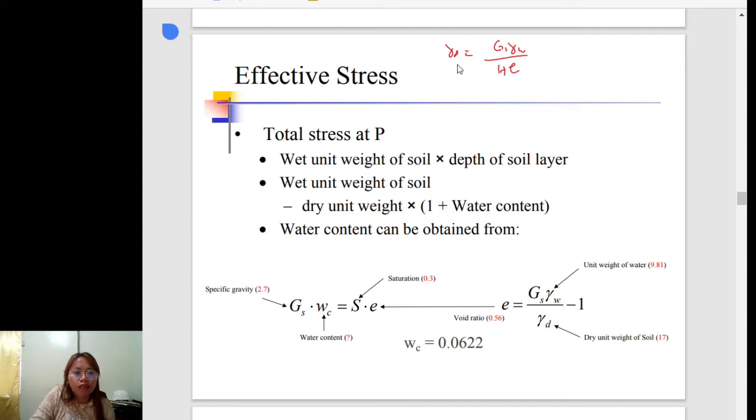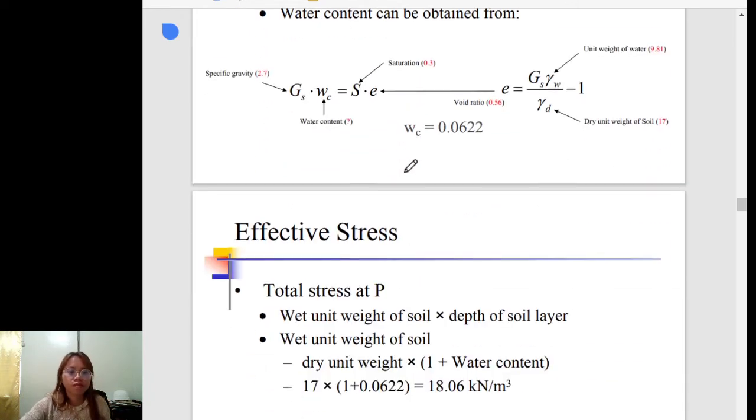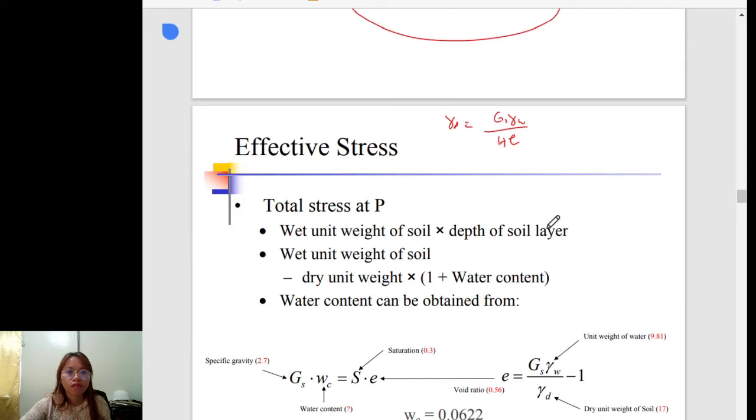okay. Naa tay given nga dry density, naa tay given nga specific gravity, unit weight of water, okay. Pero wala tay void ratio. And okay, from this one, we try to find the E, no?